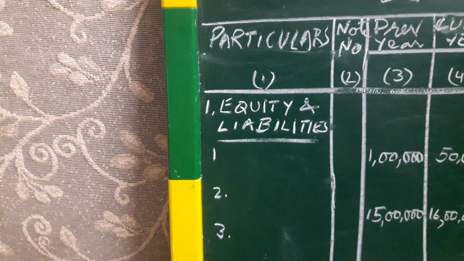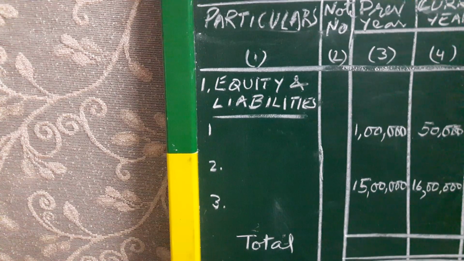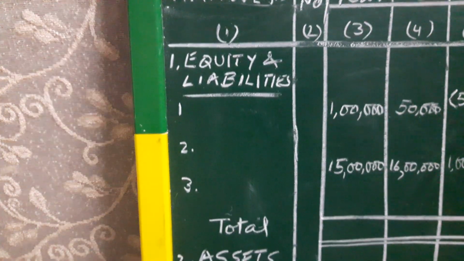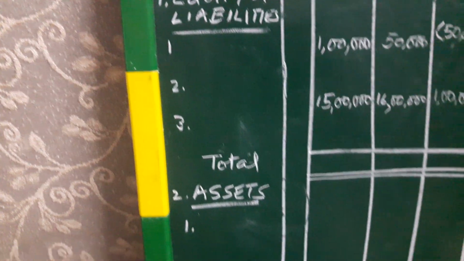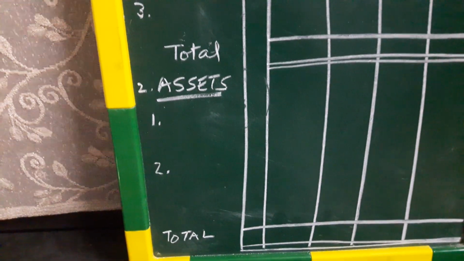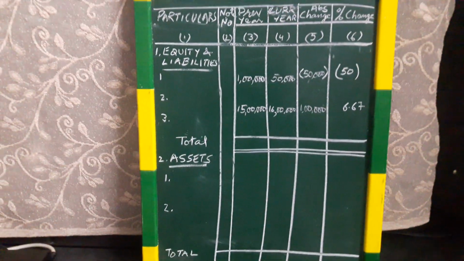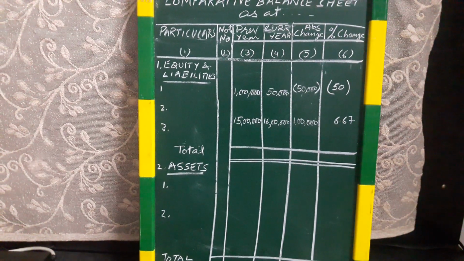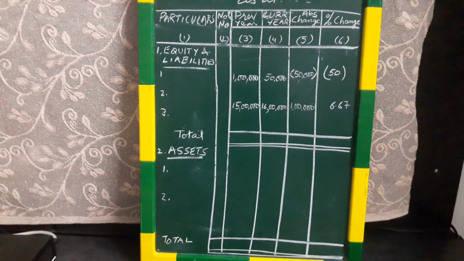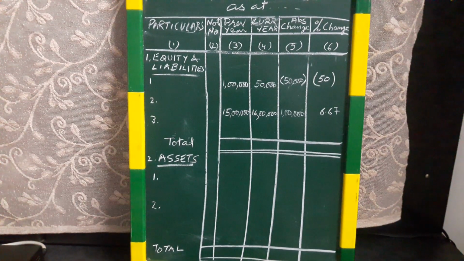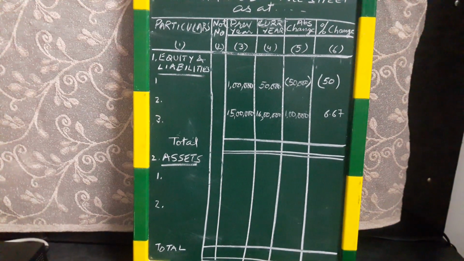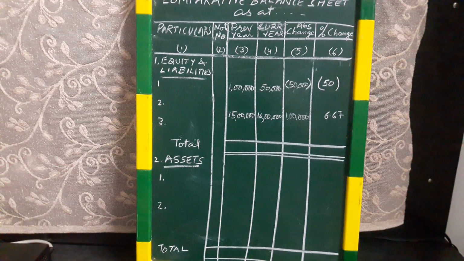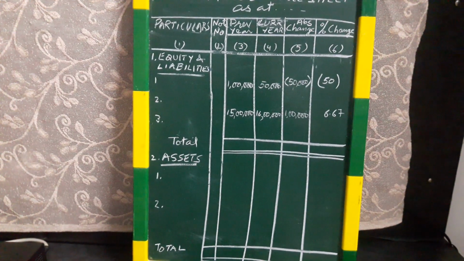First, we write equity and liability side, all of them, show the total, and then we write assets, all of them, and show the total. You will refer to your book, you will understand it better. I have tried to show it clearly here, but nevertheless, you open the book also. So, the balance sheet is looking different. Their presentation is different, their sequence is different, and we have to learn all that up.